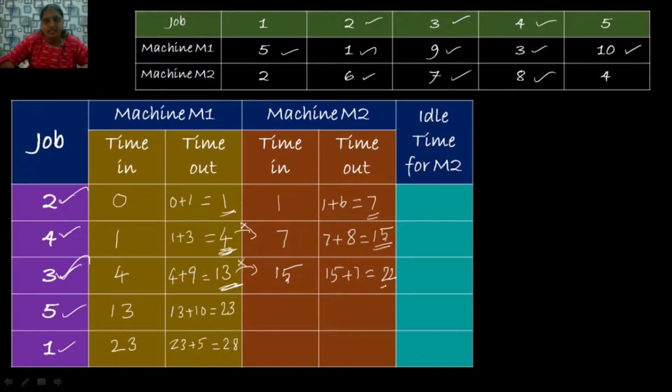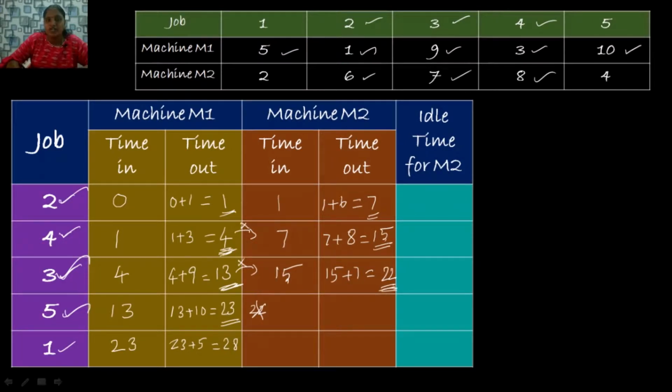So at 22 hours, it has completed its processing time for job 3. Then, look at this. Machine M2 couldn't start at 22 hours because it doesn't have any job to process, because only at 23 hours does job 5 complete its processing time on M1.